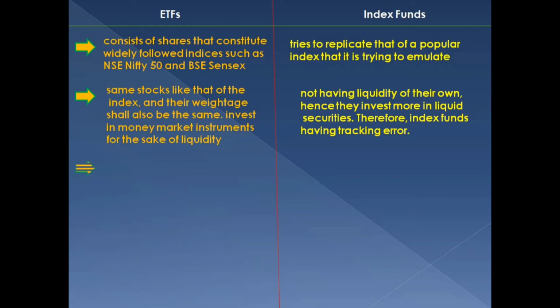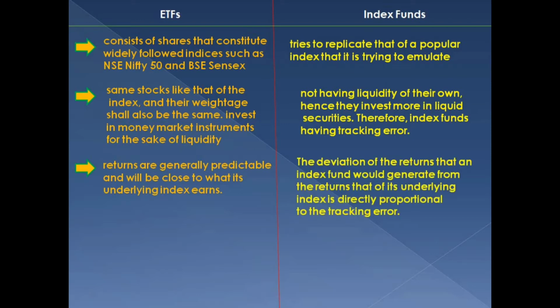In the ETF case, the return is generally predictable. It's almost the same as the index. Whatever the return of the index, let's say Nifty 50, the ETF will give you the exact same returns. But in the case of an index fund, due to tracking error, your return is impacted.